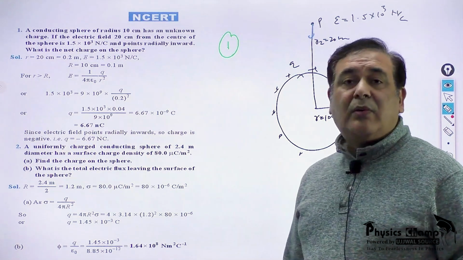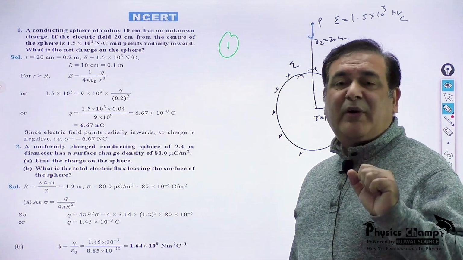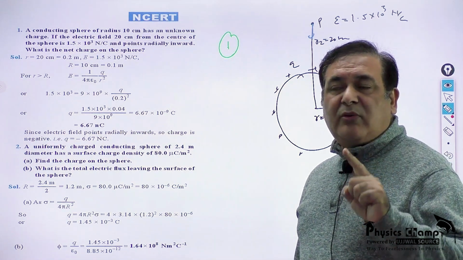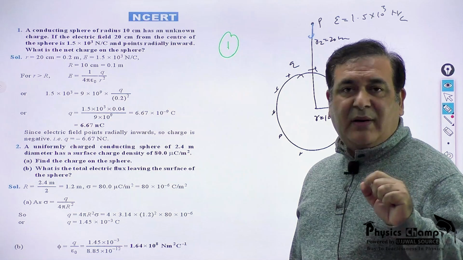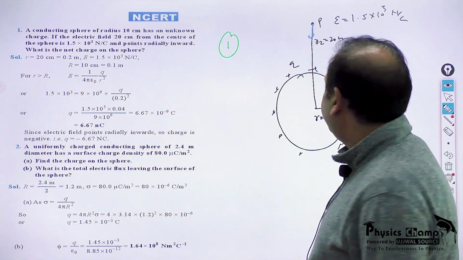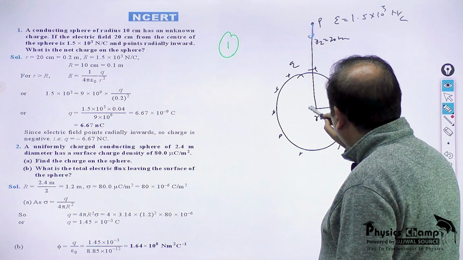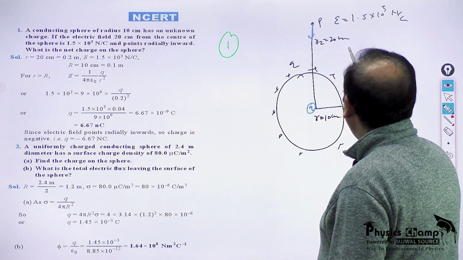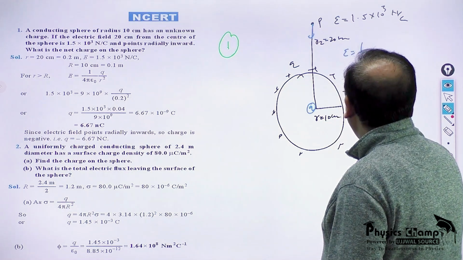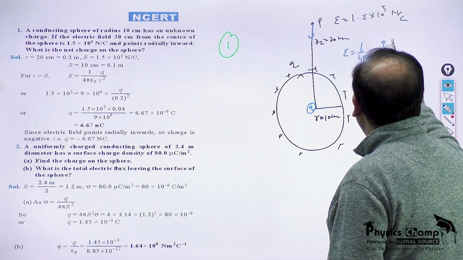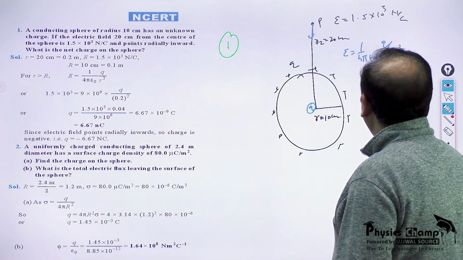So you know, for an outside point, it behaves as though the whole charge is situated at center. It may be a sphere or shell. So for an outside point, it will behave as though the whole charge is situated at center, and electric field will have a value 1 by 4 pi epsilon naught q by r square.